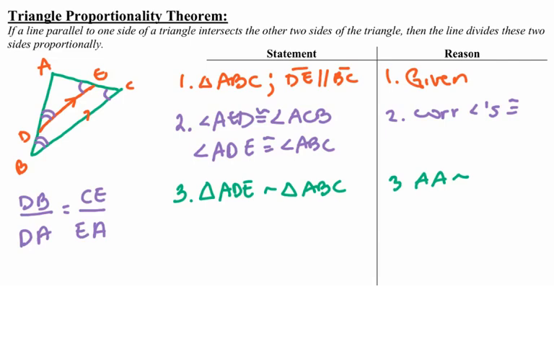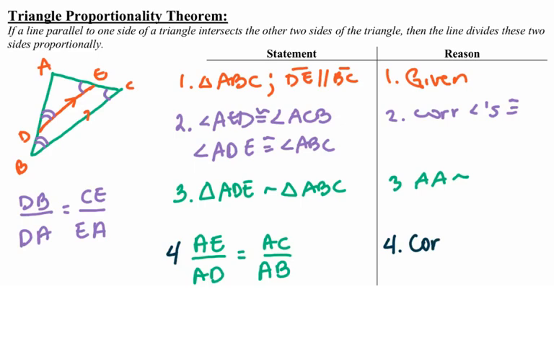Now, if you have two triangles that are similar to each other, then their sides are proportional as well. So if I think about my little triangle, I could say side AE compared to the other side AD, and then in my big triangle AC compared to AB. The reason I'm saying that is because I'm comparing two corresponding sides of similar triangles.